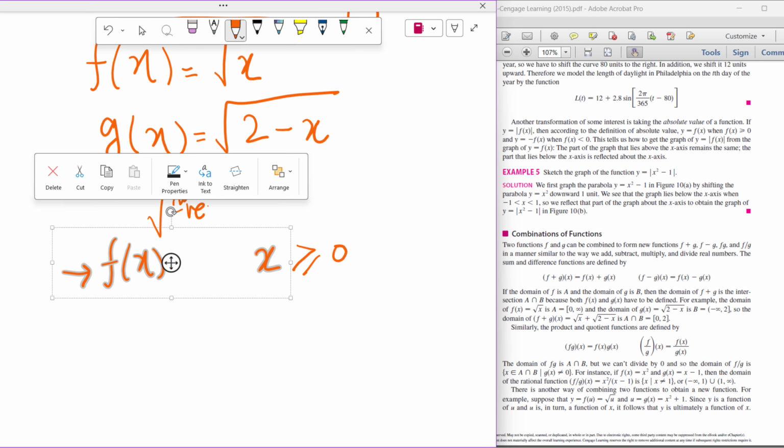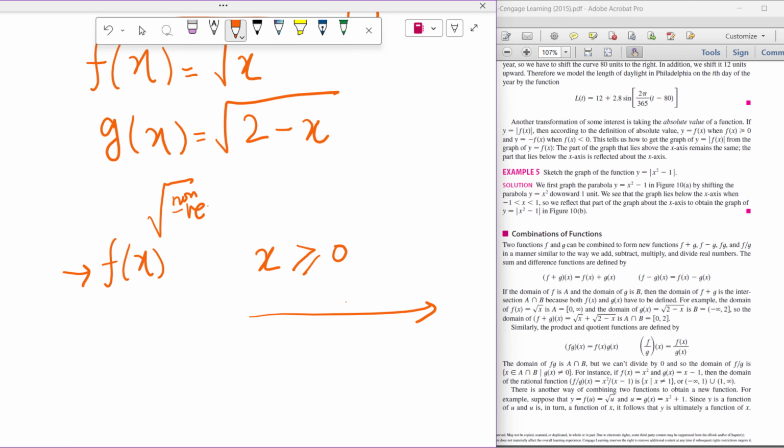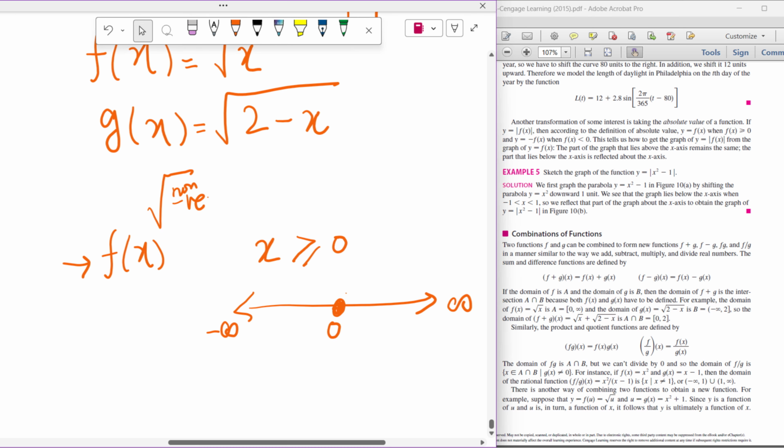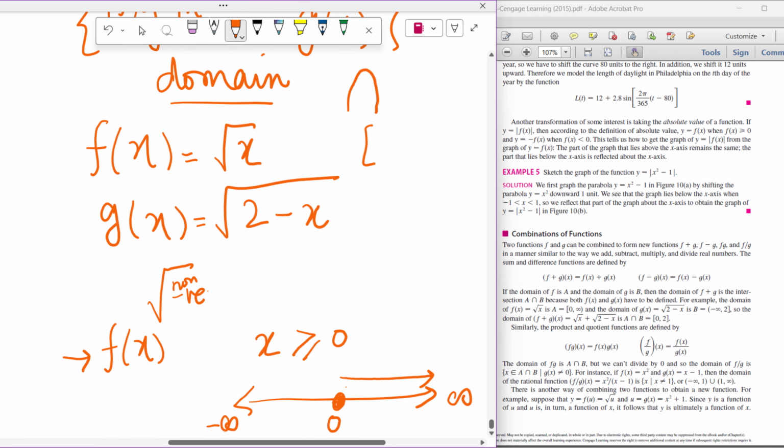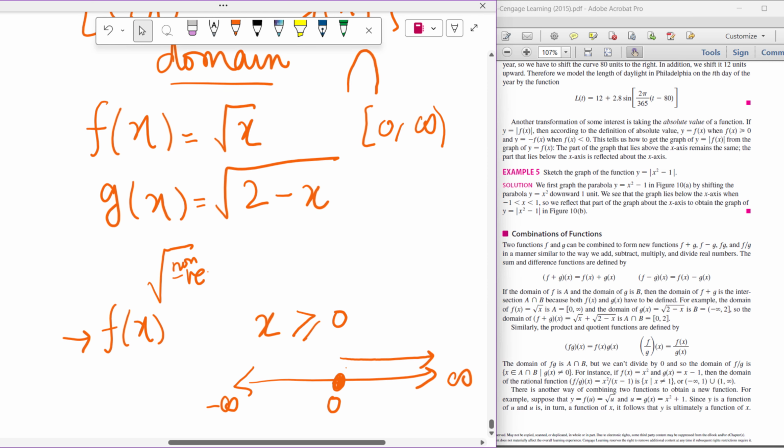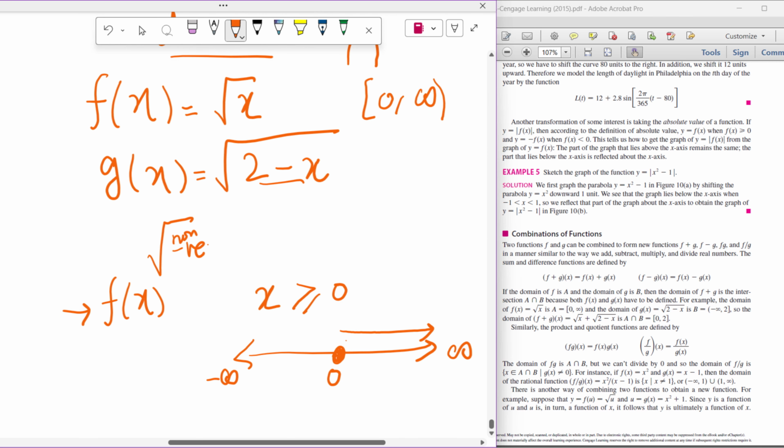So if x is greater than or equal to 0, according to the number line from minus infinity to plus infinity, because 0 is included, the domain is from 0 onwards. I can write the domain of this function as 0 with a square bracket, because 0 is included, to infinity. Similarly, for this function, 2 minus x should be greater than or equal to 0.